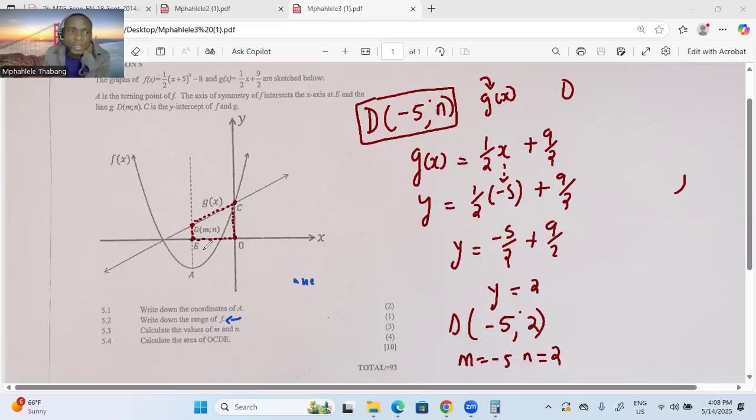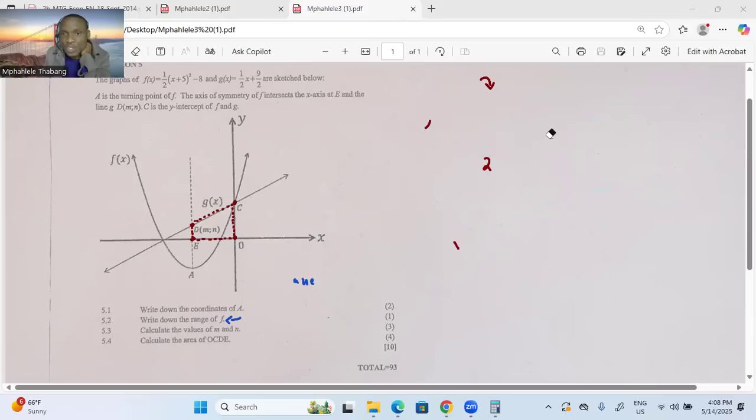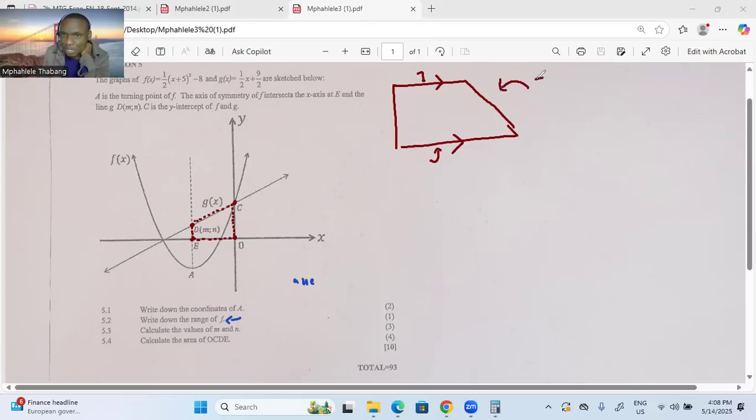Okay, let me show you what a trapezium is. As long as this side, which is opposite to this side, is parallel, this figure becomes a trapezium. So in a trapezium, we have one pair of opposite sides which is parallel.